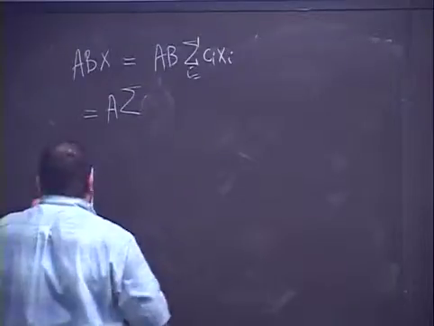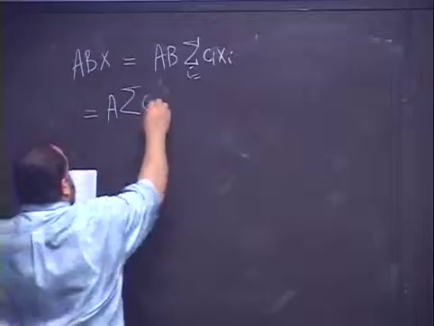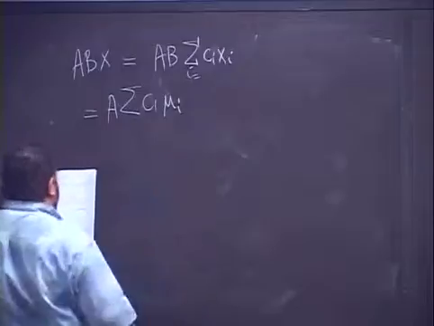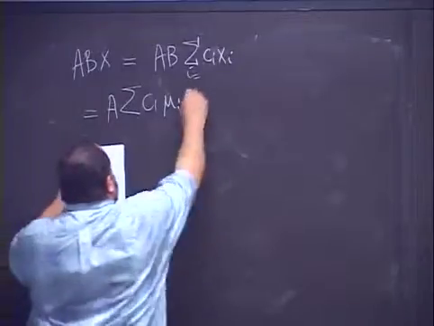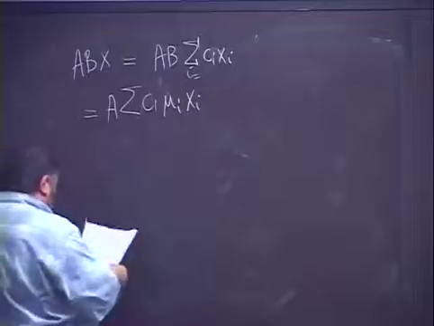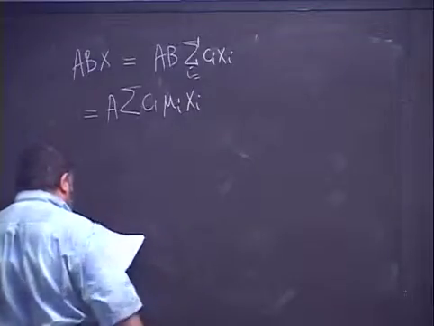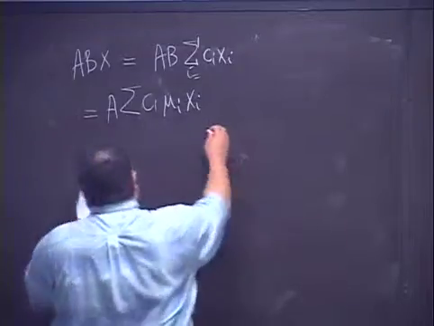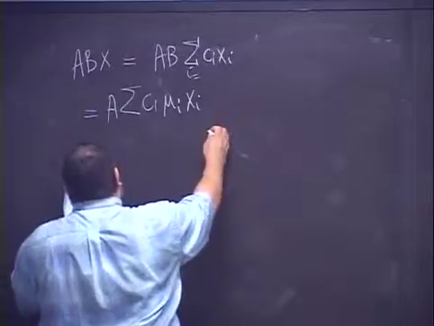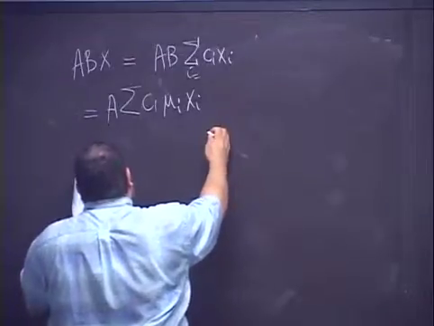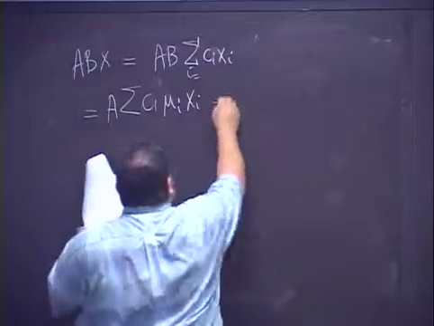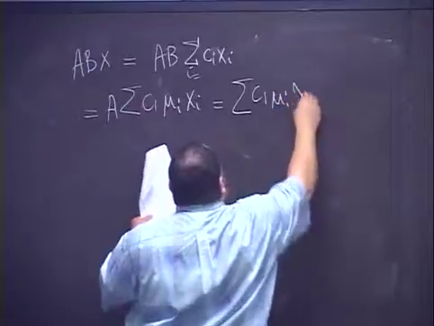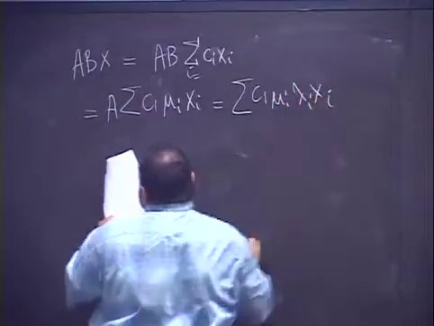B applied on Xi is mu i Xi, so we get Ci mu i Xi. And again, I can write this as Ci mu i lambda i Xi.